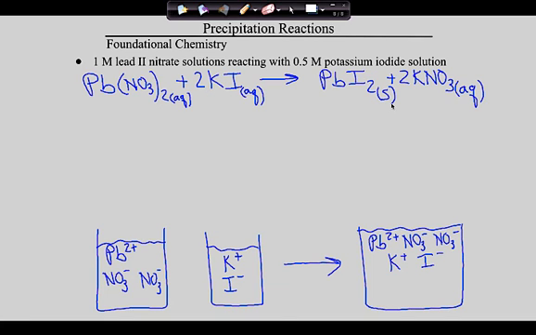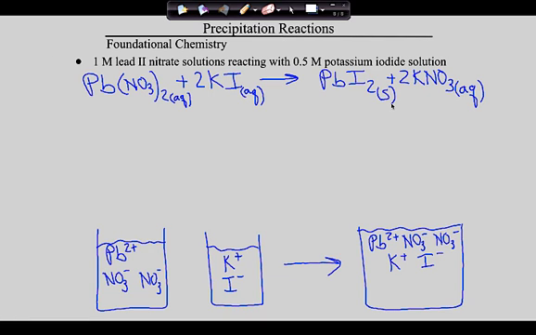That's our precipitation reaction. So now guys, do this with me. Go down here and let's amend what we've got in this picture to figure out what is actually going to be in this beaker, because we now know that the lead and the iodide is not going to be floating around in solution. Where will it be? Do you see what I'm saying?